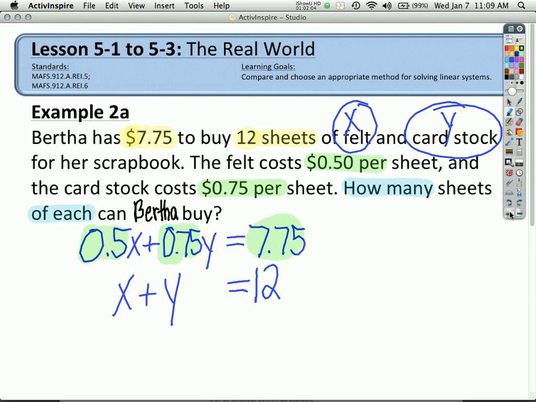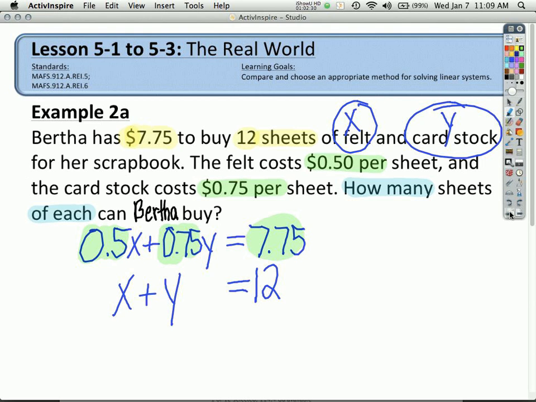I'm going to wrap up in a moment, but what method would work really well for this? Now we're ready to solve. So what method, Garion? Substitution. Keshape, what were you going to say? Elimination. So you guys disagree, but it doesn't matter because they're both going to get the same answer. We did this yesterday. I was able to get through this question with a different class. We did elimination, and it actually works out beautifully.